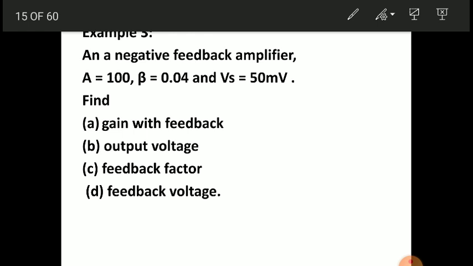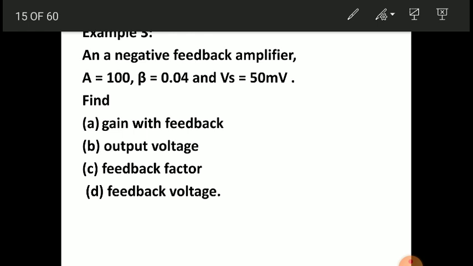Output voltage, V output. Actually AF is equal to what? V output by V source. So V output is equal to Vs into AF. Feedback factor, beta is the feedback fraction, not the factor. If you want the factor, we need A beta.